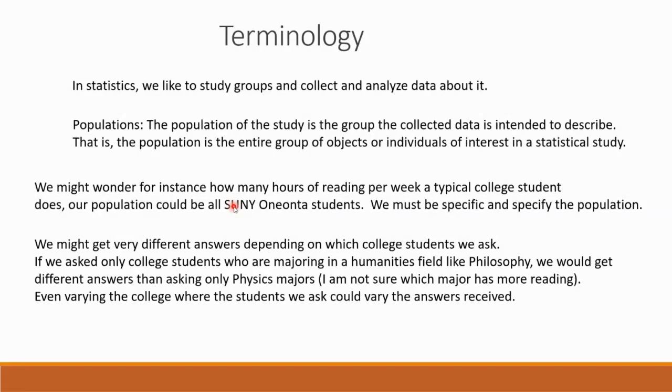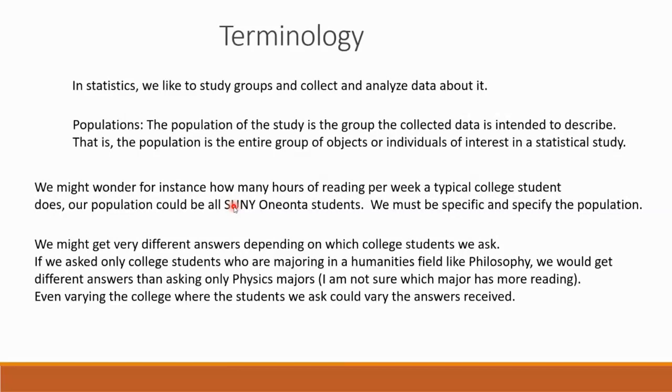And generally with a population, you know, there's just too many people or objects to study at once. I don't remember how many students are enrolled here at SUNY Oneonta, but there's got to be at least 1,000, a couple thousand, I would say. But again, there's way too many to study all at once. Okay?